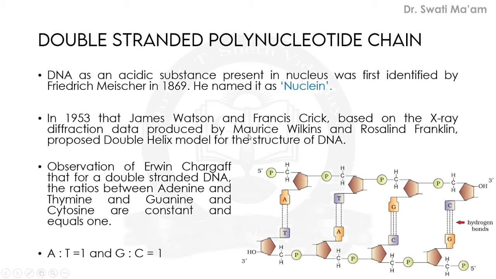Even though we have understood this structure in the previous standard, we will revise it a little bit. But before that, another scientist, Erwin Chargaff, observed that for a double stranded DNA, the ratio between adenine and thymine, as well as guanine and cytosine, remains constant and equal to 1.